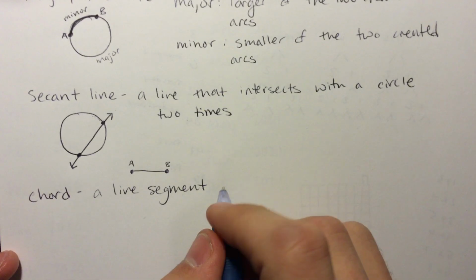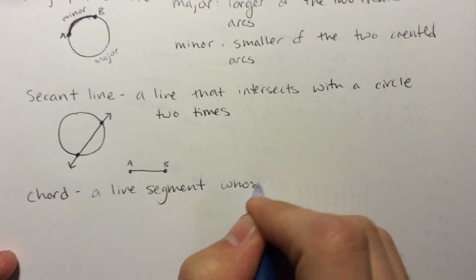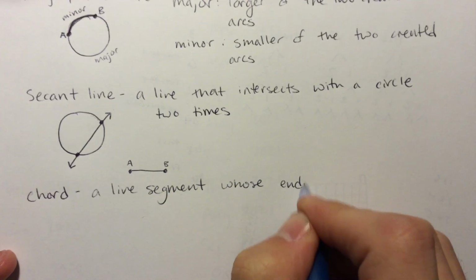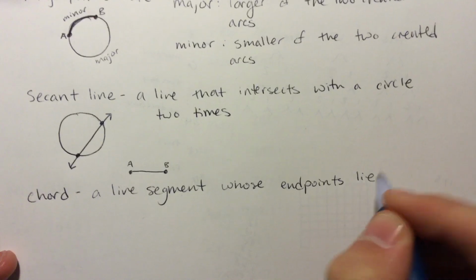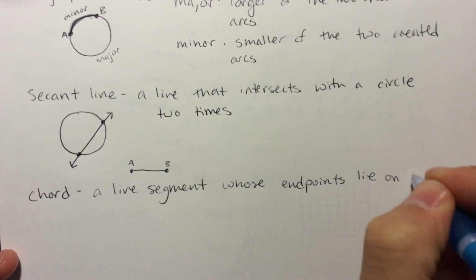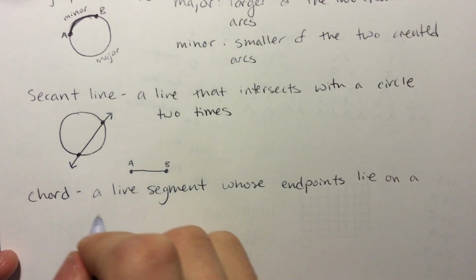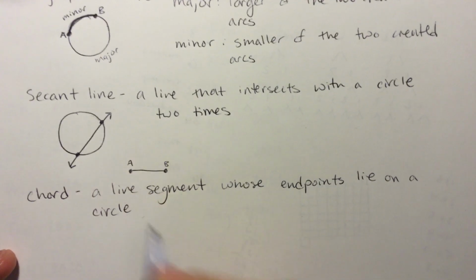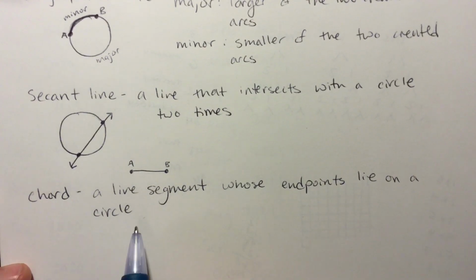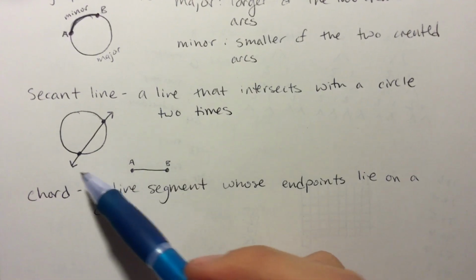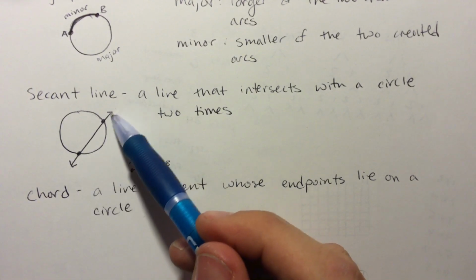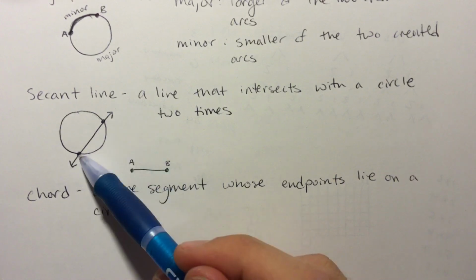So a chord is a line segment whose endpoints lie on a circle. So the reason a secant line and chord are related: we can see our secant line, a line that intersects or crosses our circle 2 times, 1, 2.